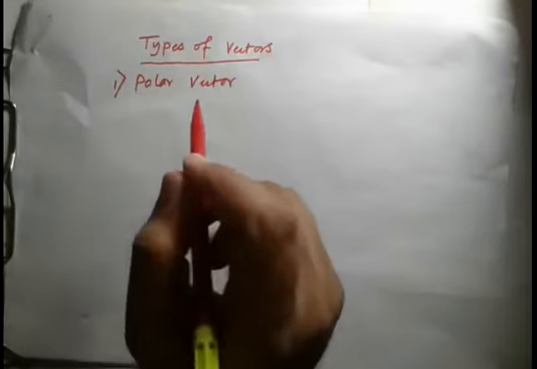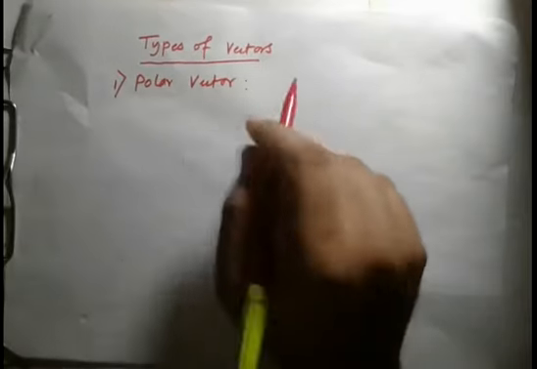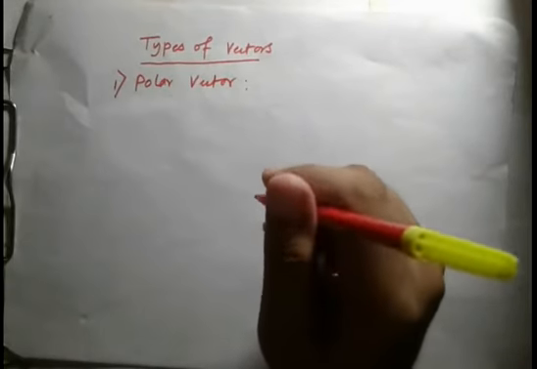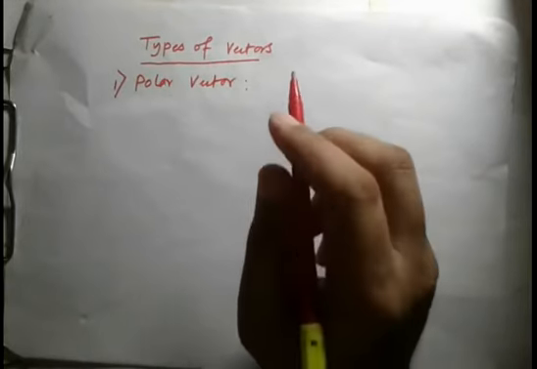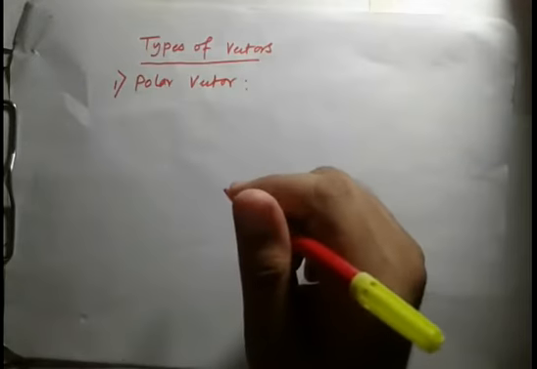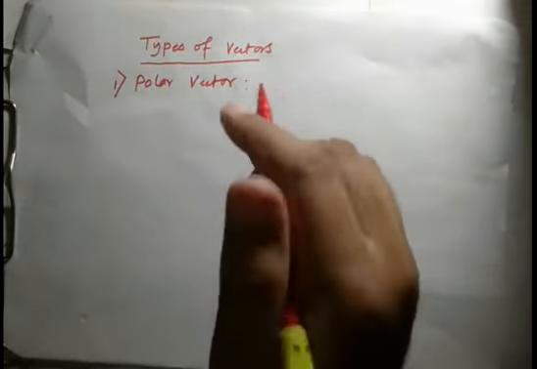So what is the definition of polar vector? A polar vector is a vector which has a starting point or a point of application. So write down the definition.